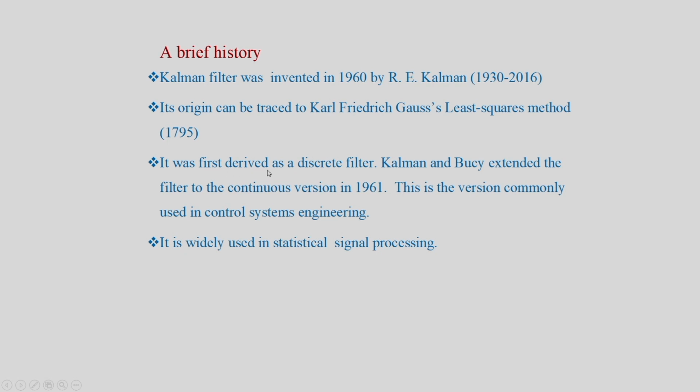It was first derived as a discrete filter. Kalman and Bucy extended the filter to the continuous version in 1961. This is the version commonly used in control systems engineering. Kalman filter is widely used in statistical signal processing.